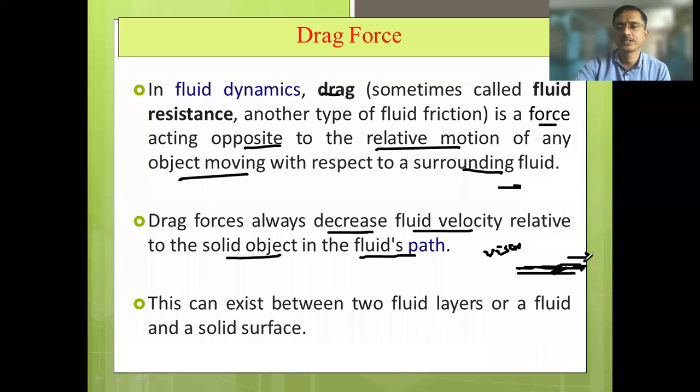If the direction of movement is here, this lower layer is pulling or dragging the above layer. So this drag force can be between two layers or between the fluid layer and the solid object. The layer sticking to the solid object, in both of these the drag force can exist.